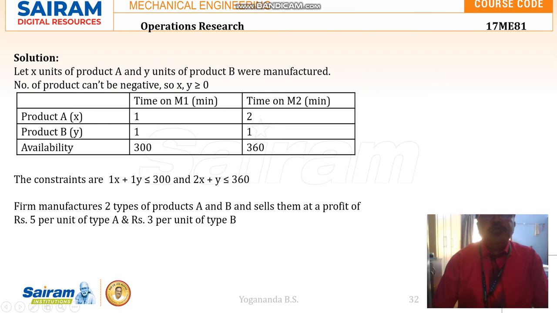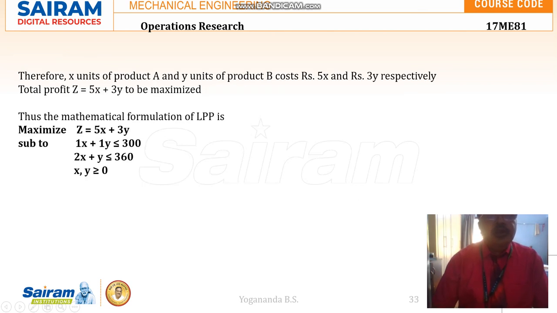Similarly, coming to machine 2, whether product A or B is produced, x number of units of product A take 2x time, and y number of units of product B take 1 into y, so 2x plus 1y is less than or equal to 360 minutes. That is written here.